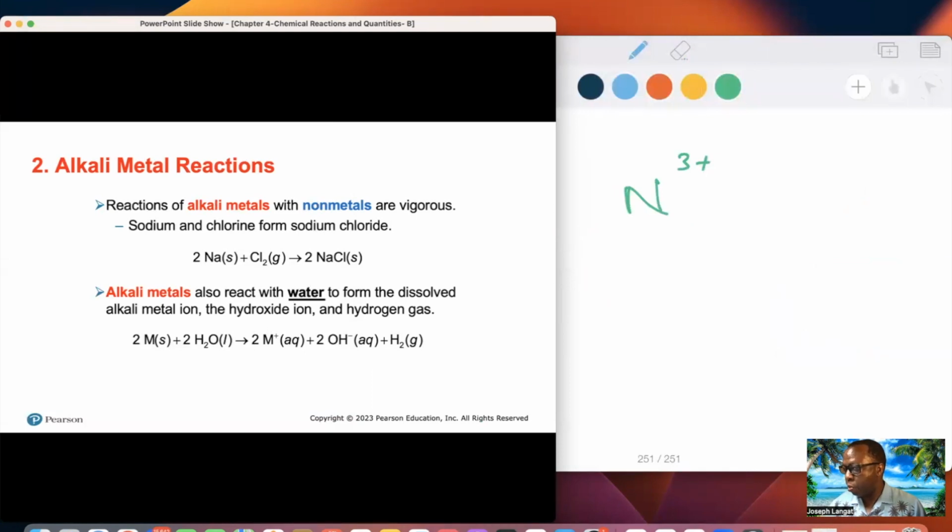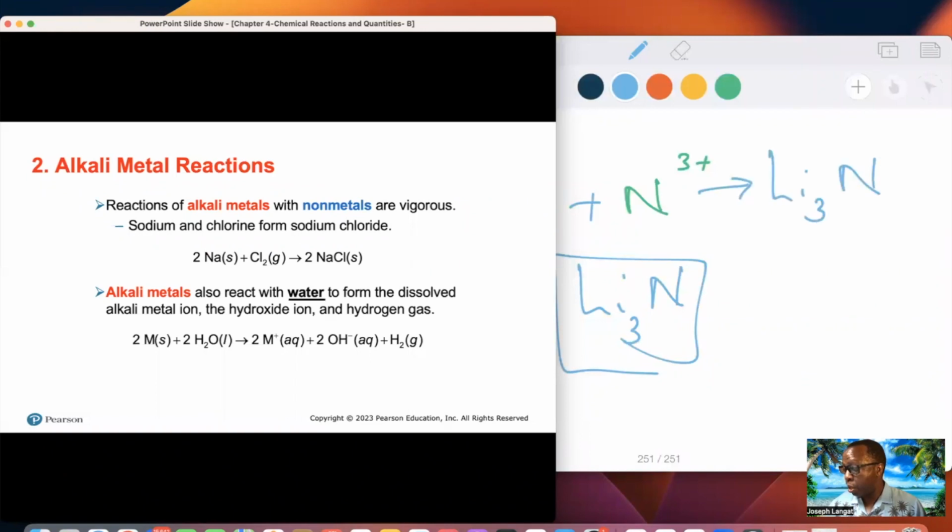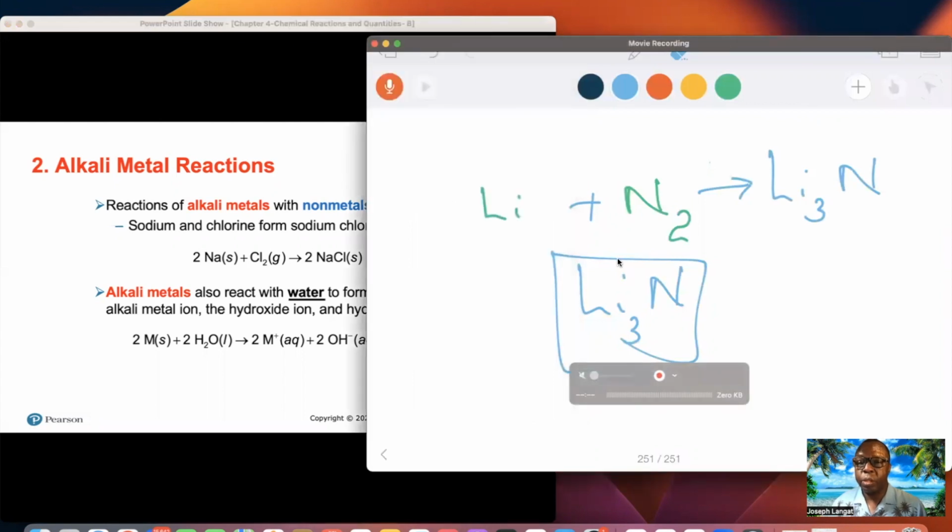And you balance the equation. So if I want to do that, it's going to be Li3N, and then this is, by the way, the atomic nitrogen gas and lithium.